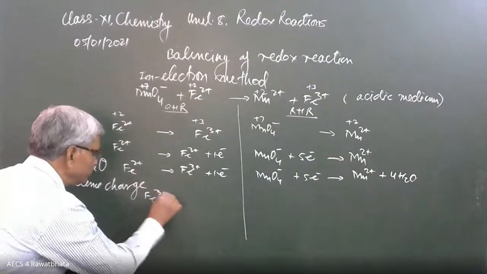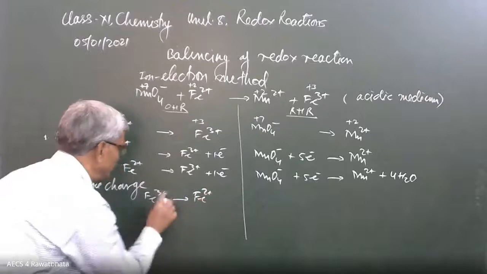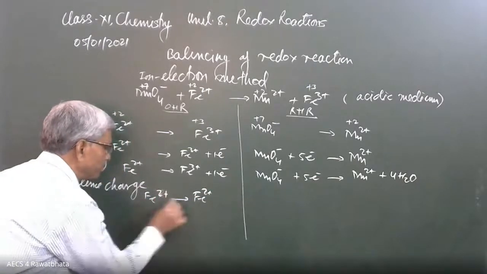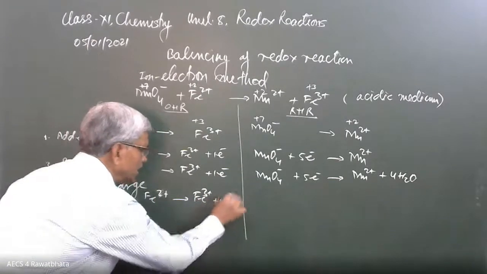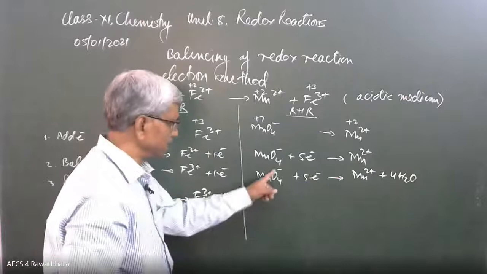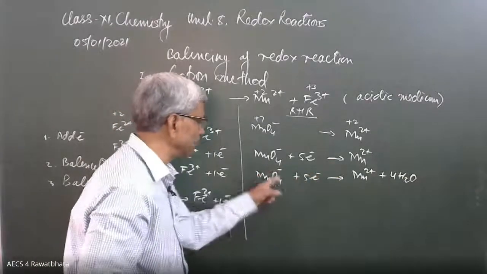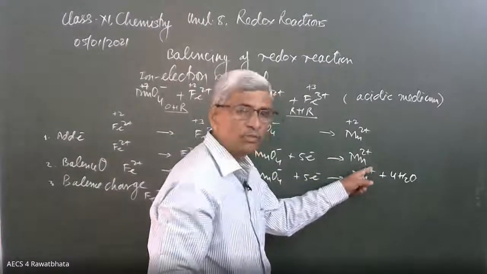Fe2 positive gives Fe3 positive plus 1 electron, and here charge, see that total -1 and 5, total -6, and this side no negative, only 2 positive.